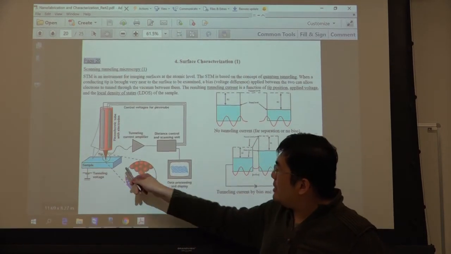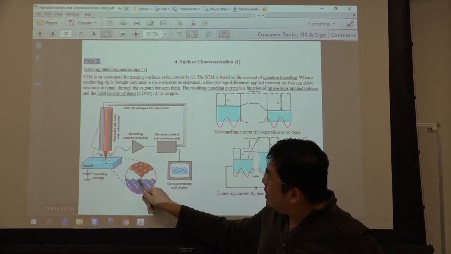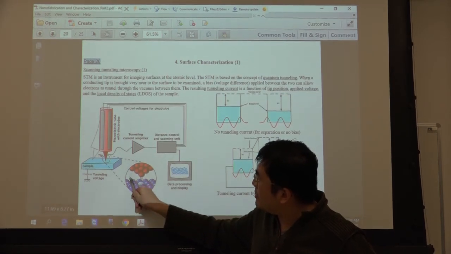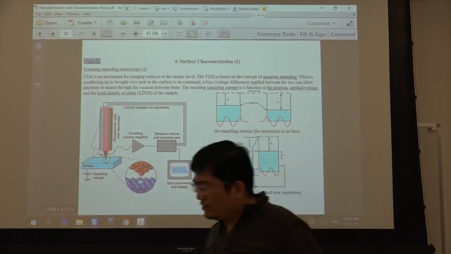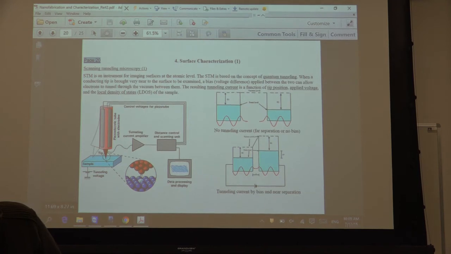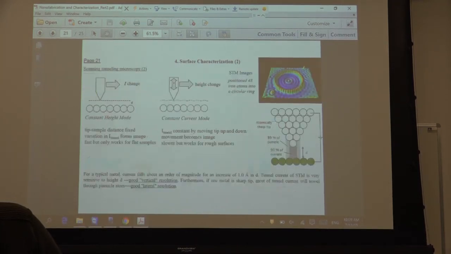With this tip and this sample, only electrons around here can go across the tip. If electrons are far from each other, they cannot tunnel. So it depends on the local density of state: just how many electrons at this point, at this frequency interval. We call it local density of state.